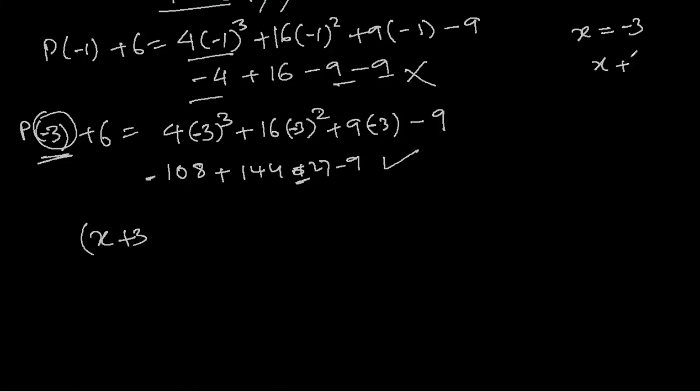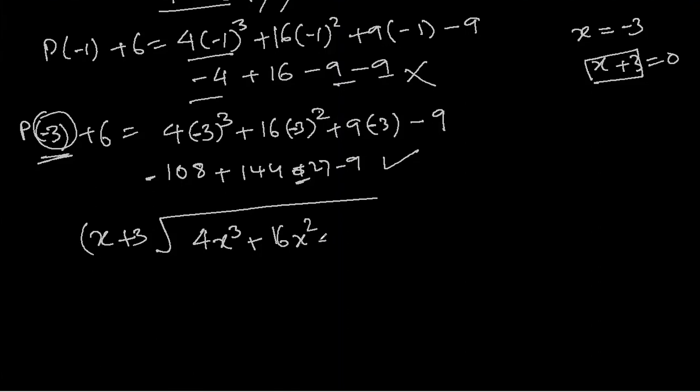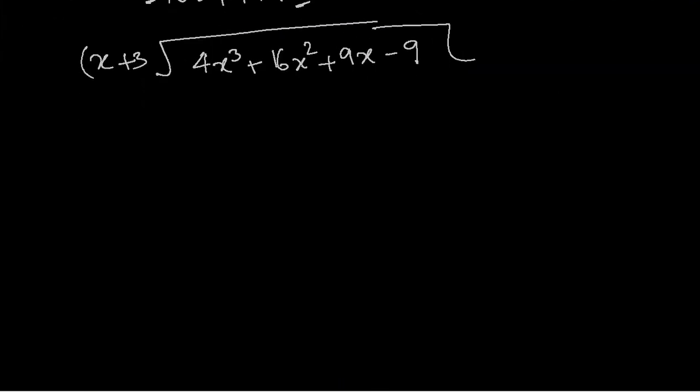So minus 3 comes here, it becomes x plus 3 equal to 0, and that's why this becomes factor which will make the whole of this 0. So x plus 3 divides 4x cube plus 16x square plus 9x minus 9, and definitely we'll get a remainder of 0 in this case.